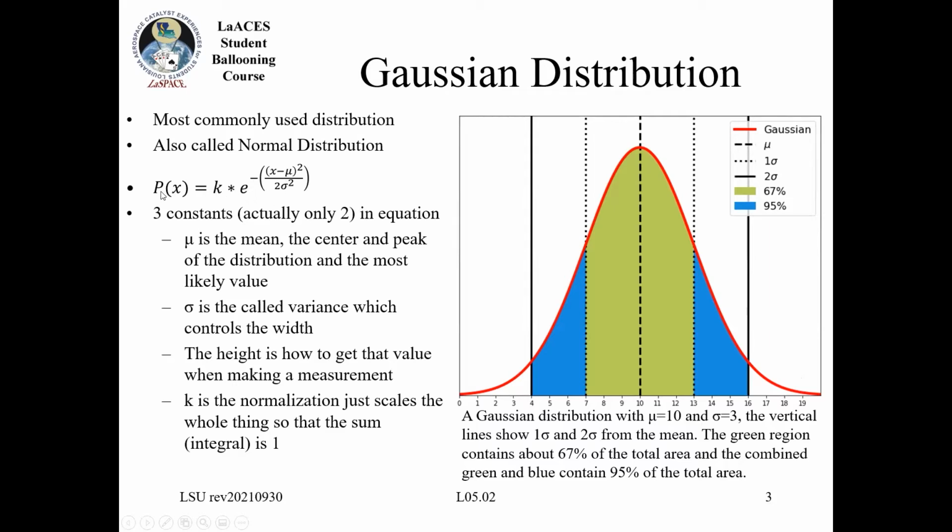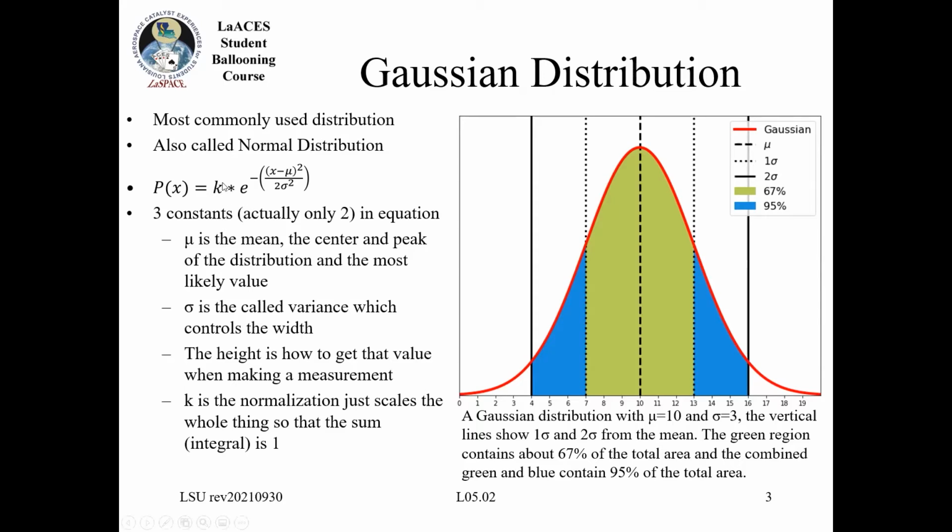P, the result of this, is the probability, and x is the particular measurement value. So if I plug in x to this equation, it gives me the probability I would get of measuring that particular x.